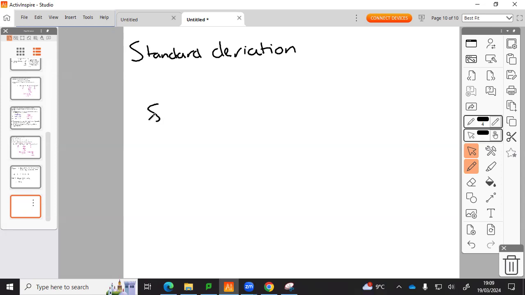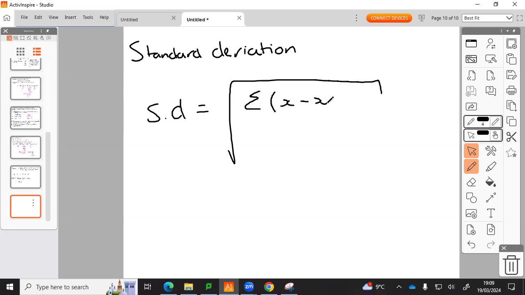Standard deviation comes with a formula that looks a lot worse than it is. Maybe I could just go to the formula, that's given.